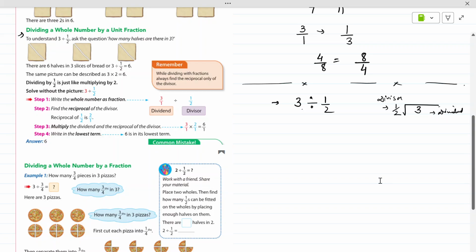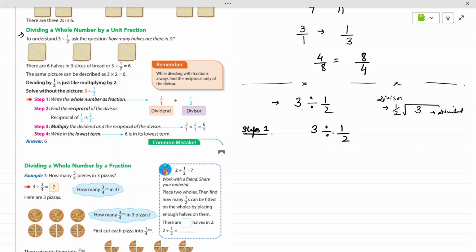So there is a method, a process of division of fractions, and it has certain steps. The first step here is, if we have 3 divided by 1 by 2, then first of all we have to change this division into multiplication.